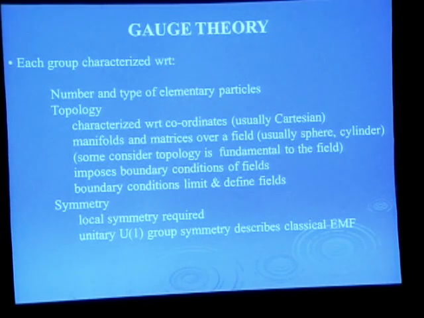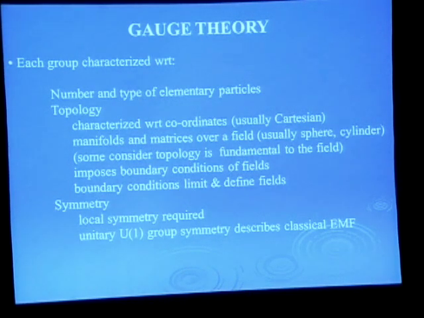Typically, they consider the field as fundamental, but the topology as secondary. But in fact, some modern physicists think it's the other way around, that the topology, or the shape of the field, determines the characteristics and properties of the field. In any case, the topology imposes a boundary, which is a kind of limitation on the field, but it is a way of characterizing the field, particularly in gauge theory.